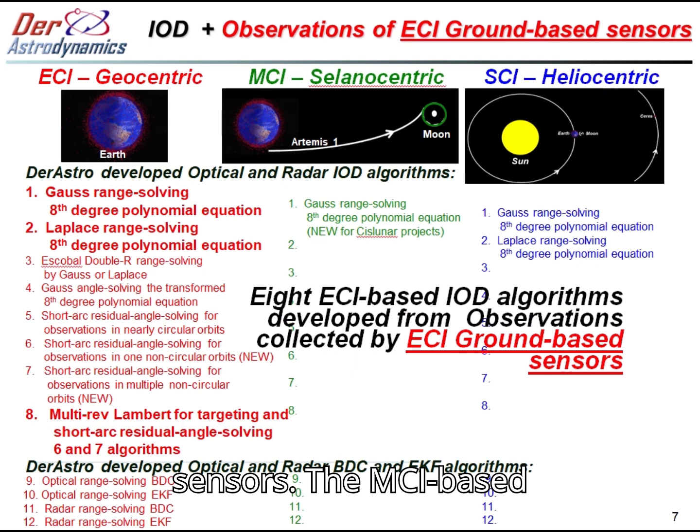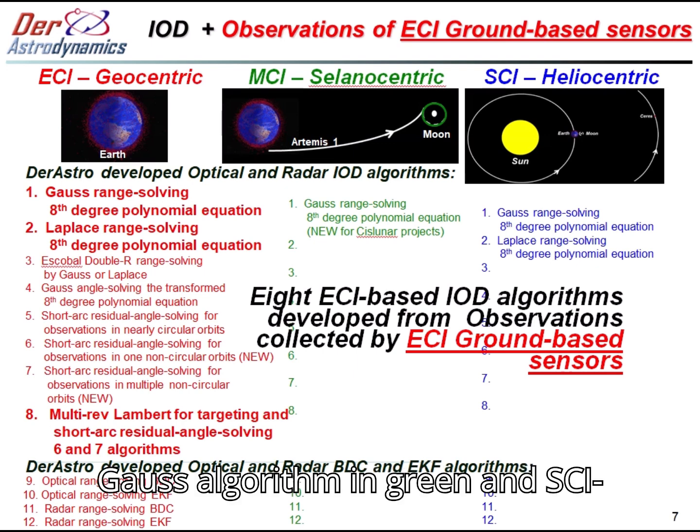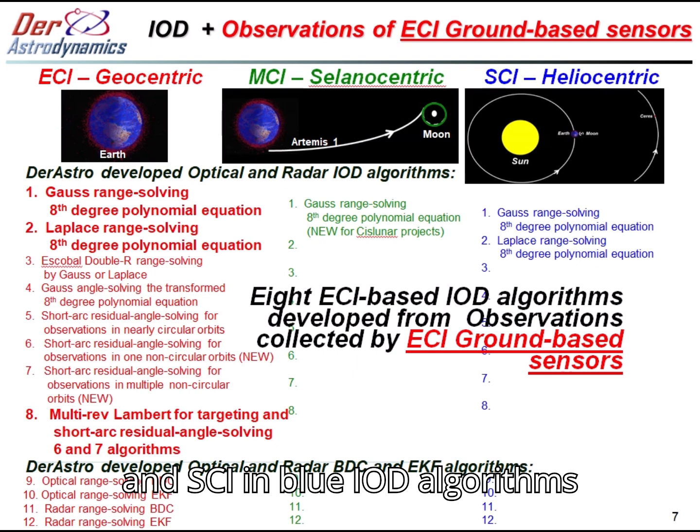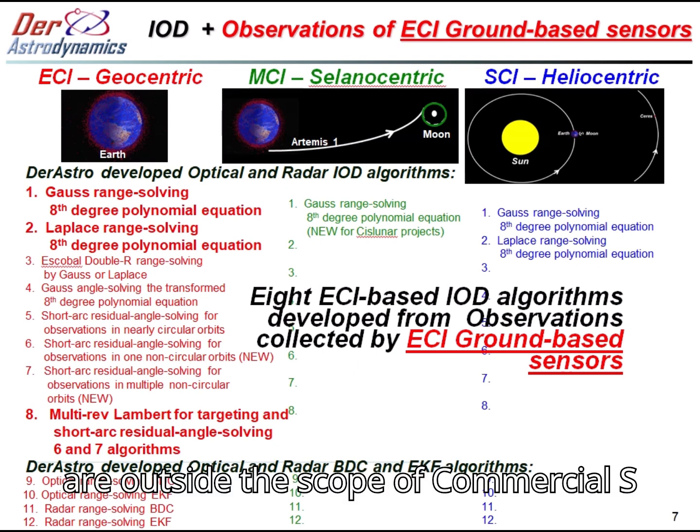The MCI-based Gauss algorithm in green and SCI-based Gauss and Laplace algorithms in blue produce respectively MCI initial state vector and SCI initial state vectors using observations collected by ECI ground-based sensors but functioned as space-based sensor input in the MCI and SCI IOD algorithms. MCI in green and SCI in blue IOD algorithms are outside the scope of commercial space catalog building.